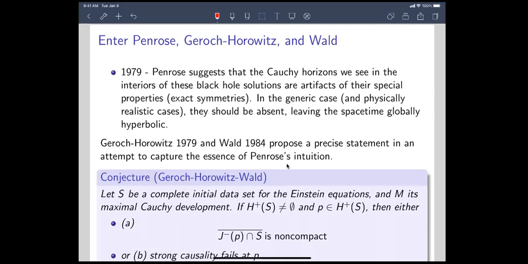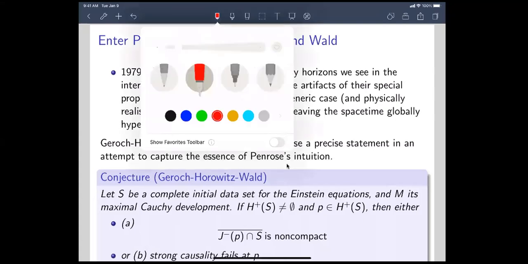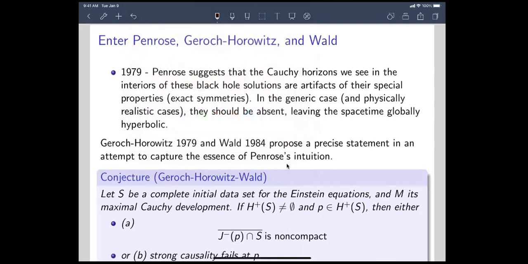It's very hard to come up with a precise mathematical statement instantiating Penrose's idea. So what they come up with is a kind of intermediate statement, if you will, that's in the spirit of strong cosmic censorship, but that's not actually the most precise mathematical rendition you could have of the Penrose intuition, which by the way was an intuition, not a conjecture.